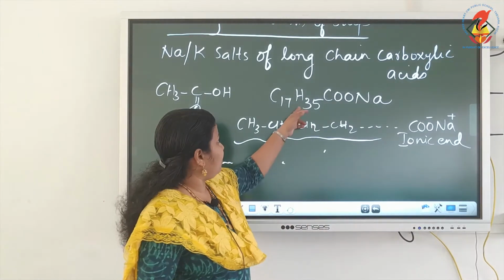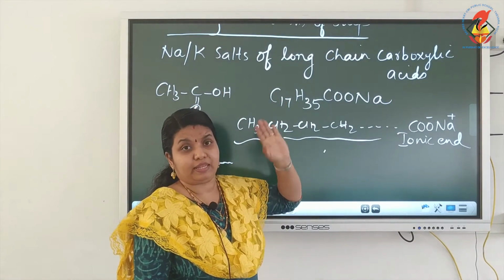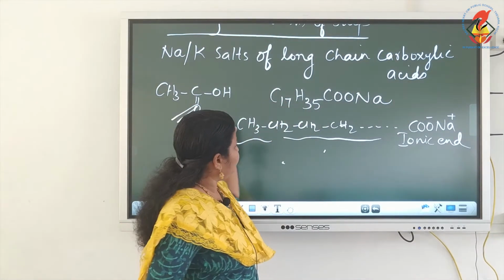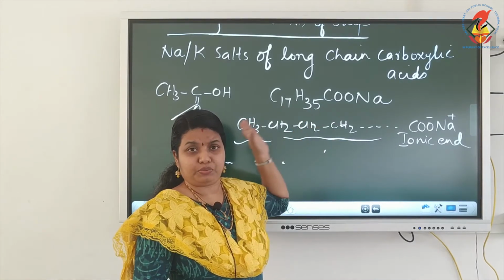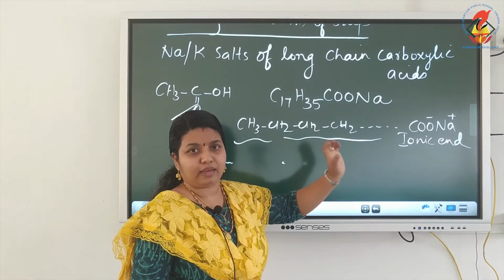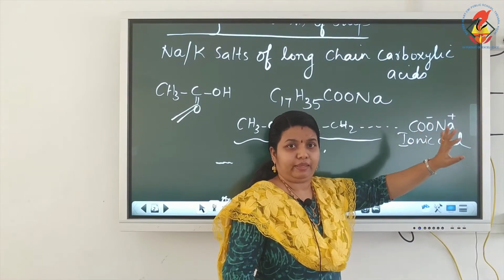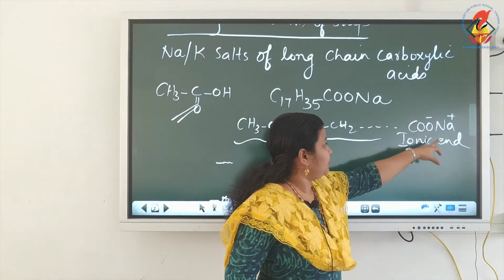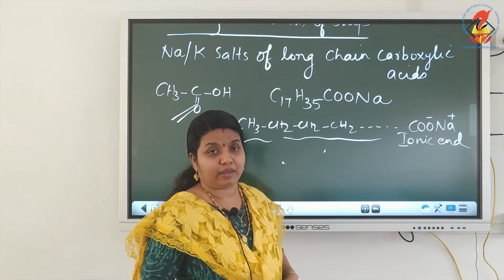This is a long chain carboxylic acid C17, 17 carbon atoms and 35 hydrogen atoms. When you write it in the condensed form, CH3, CH2, CH2, a long chain will be there, with the sodium salt COONa. So actually there is a charge separation, so we call it the ionic end. Soap has an ionic end and a hydrocarbon chain.